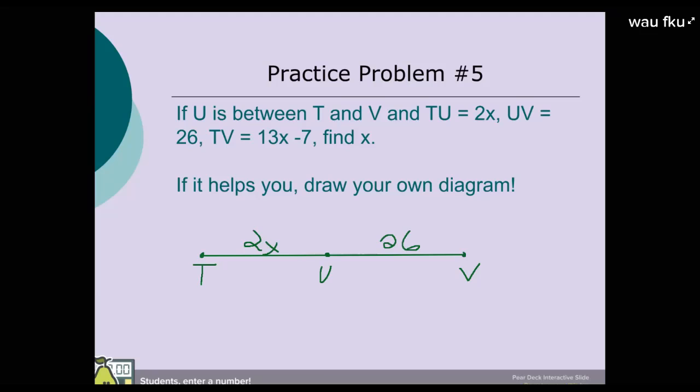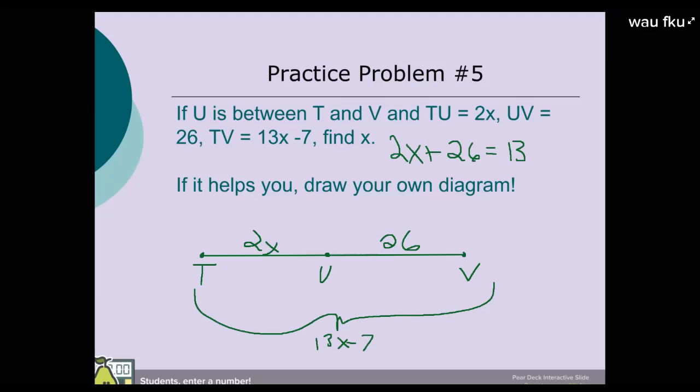And it says TV, which is this whole thing, 13x minus 7, find x. So I know this piece plus this piece equals this piece. So I get 2x plus 26, and that equals 13x minus 7.